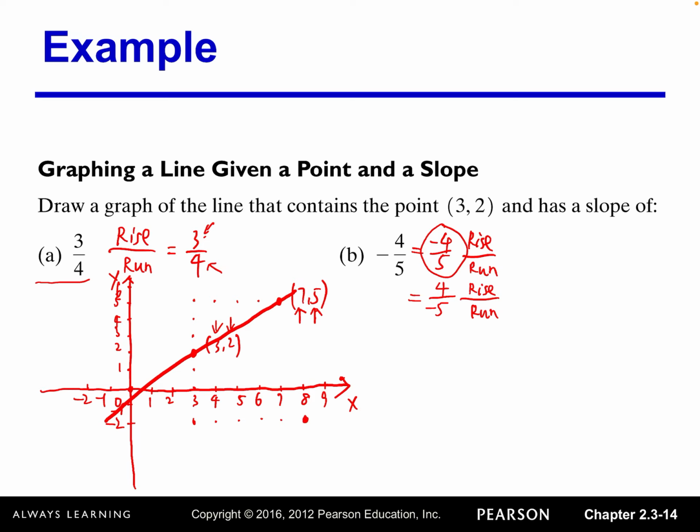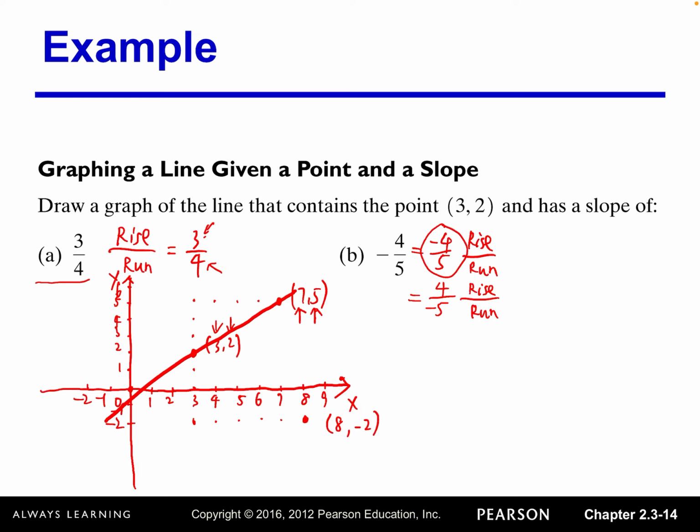So what is the point here? This is (8, -2). And then we connect these 2 points, we can form the line.